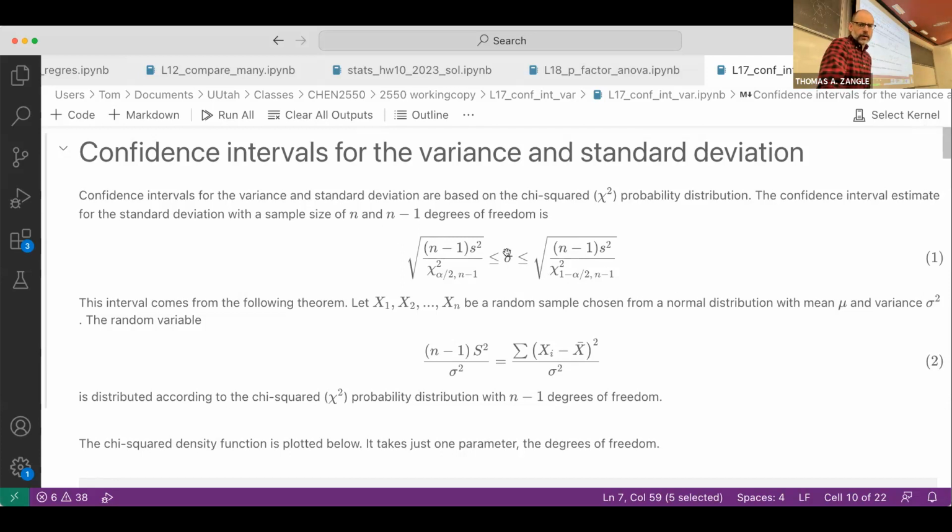Our confidence interval on our estimate of standard deviation is the square root of n-1 times our sample standard deviation squared over this chi-squared statistic, and we're going to talk about that for our significance level. It's between the lower bound and the upper bound, which is similar, but with a slightly differently formulated chi-squared statistic.